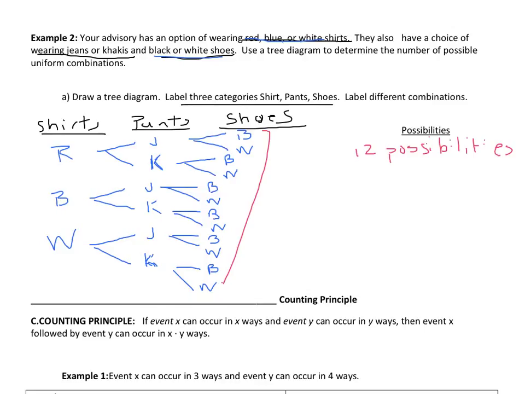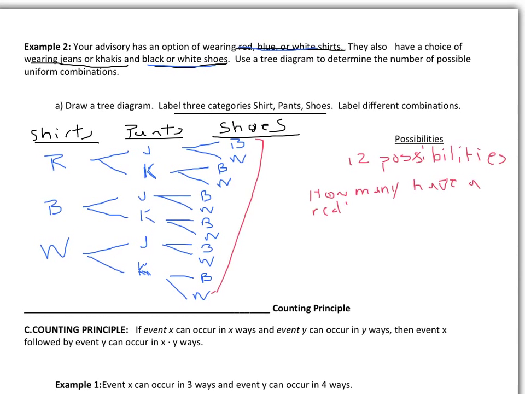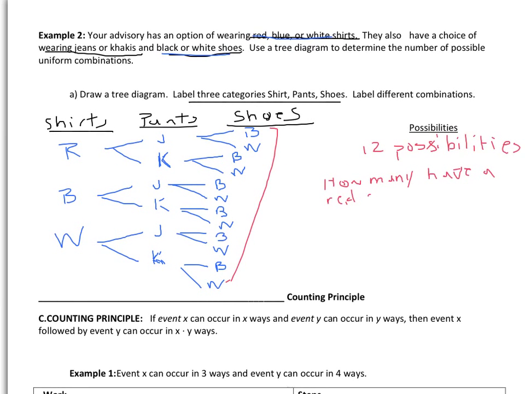Now, of those 12 possibilities, what are the chances that you get a certain kind of possibility, right? So I might ask you the question, of these 12 possibilities, how many have a red shirt?